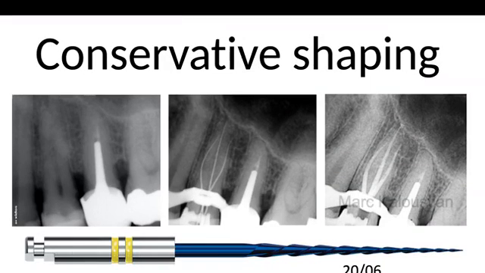This instrument, the 2006, I like it as a final shaping because it will give me the shape and I can be also conservative. So I can have my goals without destroying the tooth. This is very important. This is the idea of conservative endodontics, which means conservative prosthodontics also, because my tooth should be functional after I do my treatment.